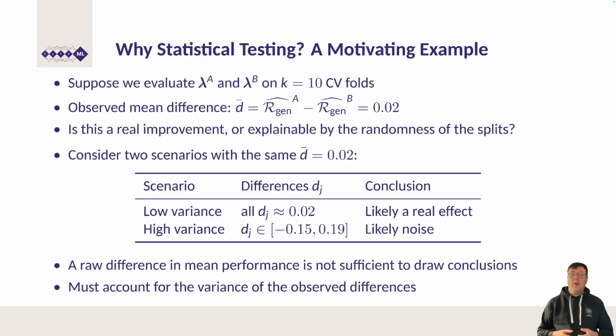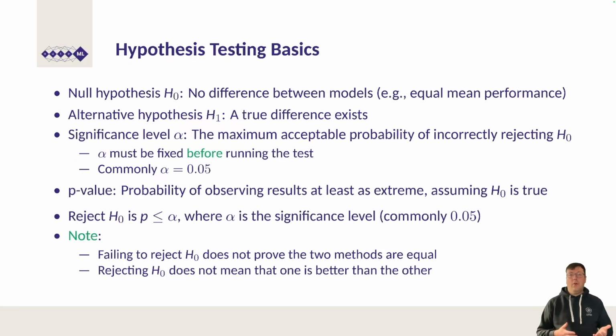In this case, the observed gap is entirely consistent with random variation and we have no evidence for a real effect. The raw mean difference is the same in both scenarios. What differs is its variance. A statistical test accounts for both, and this is precisely what makes it more informative than a simple comparison of means.